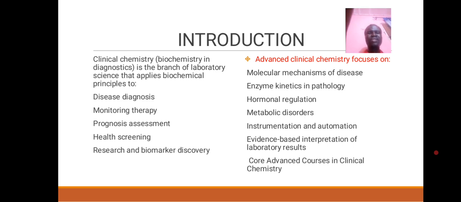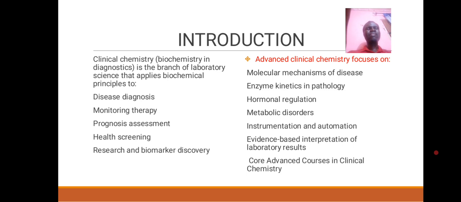Disease diagnosis, I believe you understand what we are talking about: the ability to know the cause of that disease. Yes, it contains both your screening methods and other aspects of disease diagnosis. Now let's look at monetary therapy.